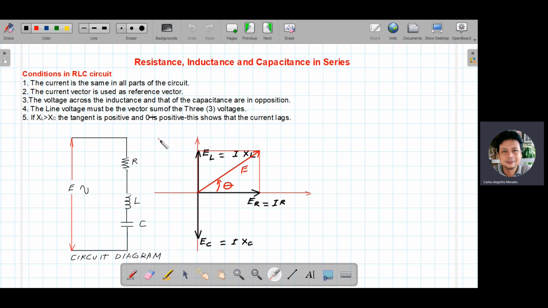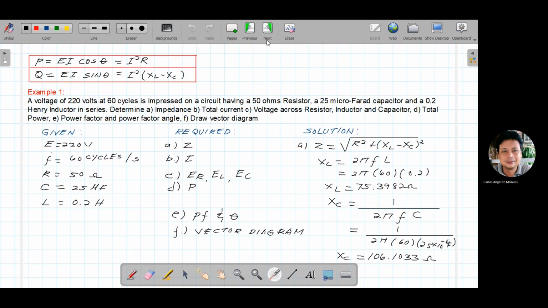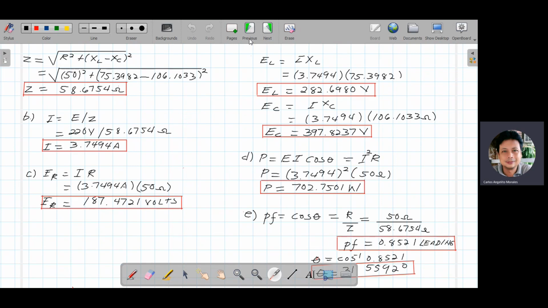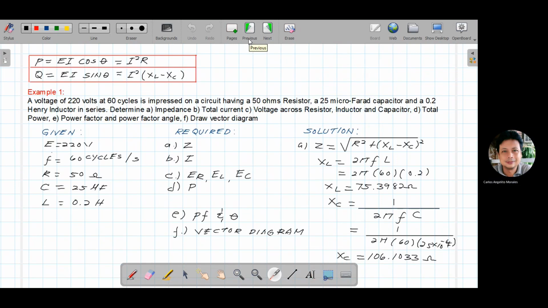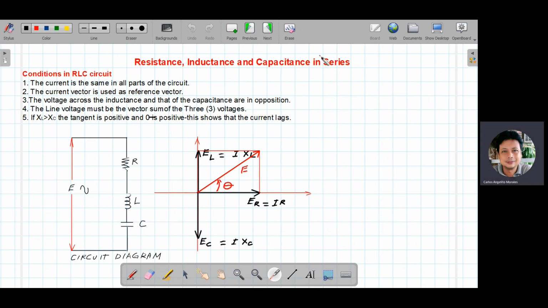So, RLC naman, no? Resistance, inductance, and capacitance in series. Tingnan ko lang kung hanggang saan natin pwede paabutin. Magtitira naman tayo hanggang next meeting, no? So resistance, inductance, and capacitance in series. Condition pag RLC, no? The current is the same in all parts of the circuit.